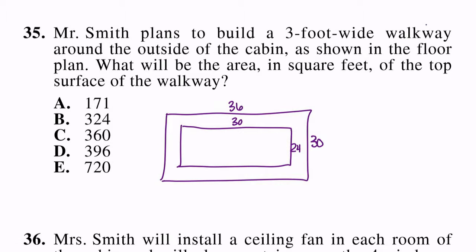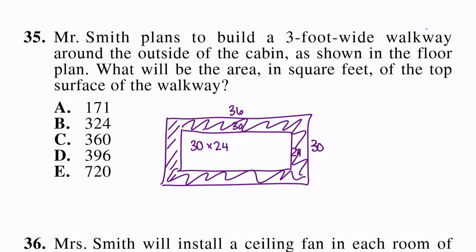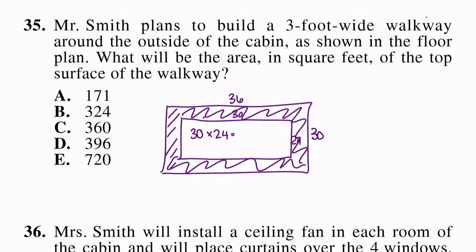So all we have to do is find the area of this middle region. So we have to find the area of our inside rectangle, which would be 30 times 24, which is 720. Now if we find the area of our outside rectangle, it is 36 times 30, which gives us 1080.